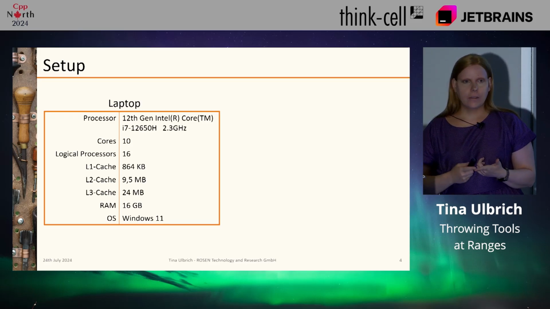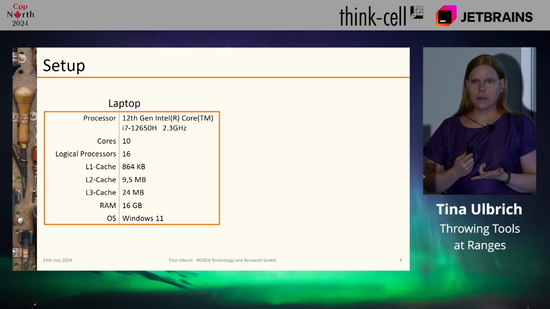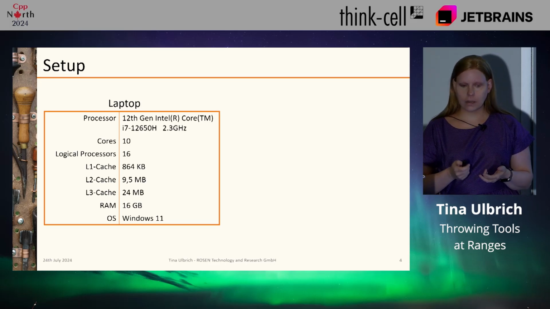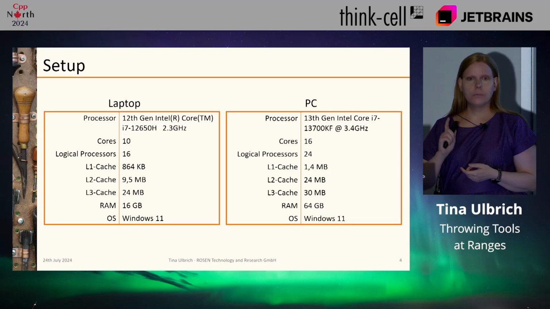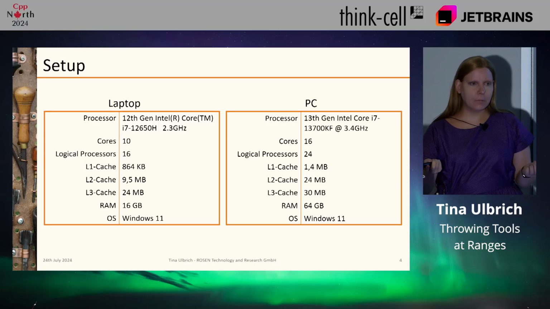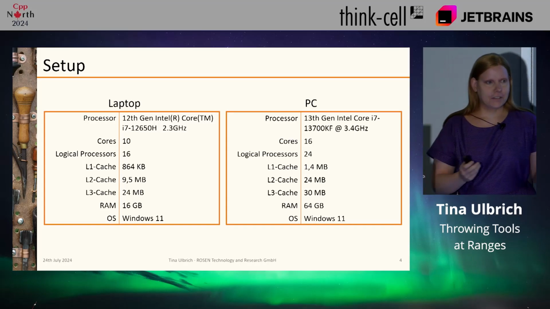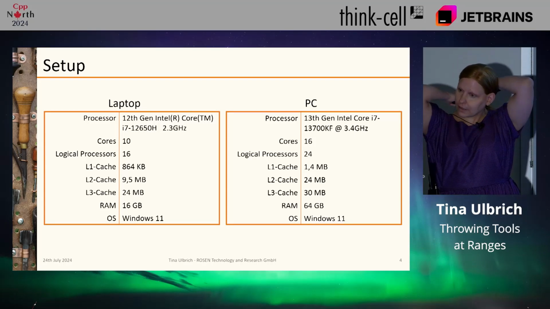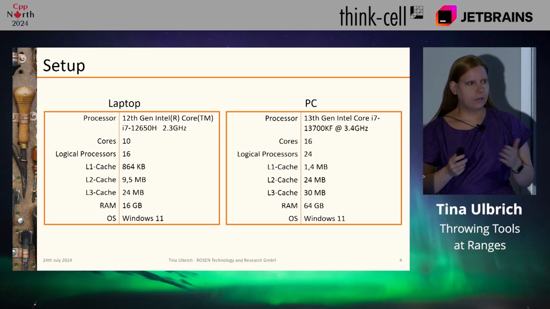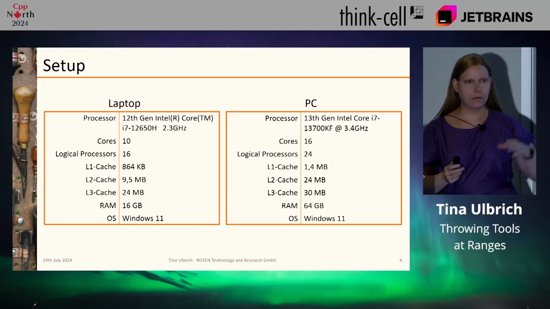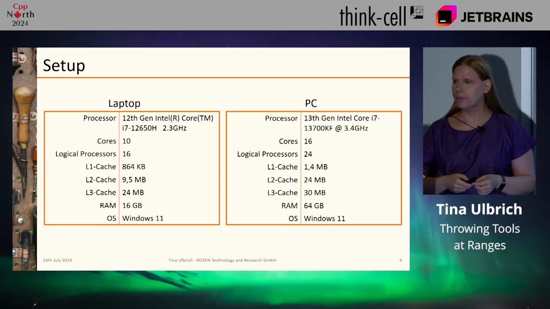But all the other results, the Cachegrind and the benchmarks from Google Benchmark, were created on my main PC, which is my gaming PC. It's a tiny bit more powerful, just for the comparison. And if you think the speed doesn't match up with what I showed in the slides, that's because I used a different computer for each of them.